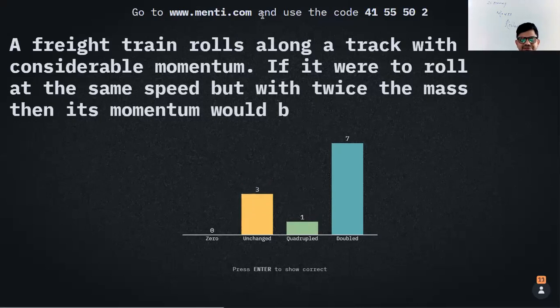Ten answers I have got. 11. 7 are saying doubled. 1 is saying quadrupled. 3 are saying unchanged. No one is saying 0.